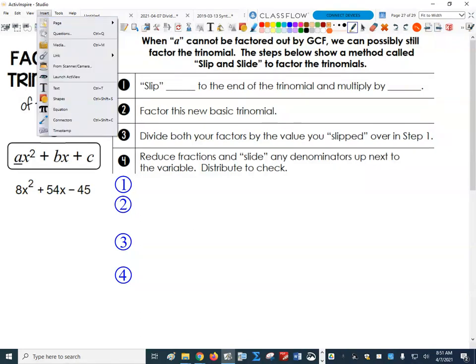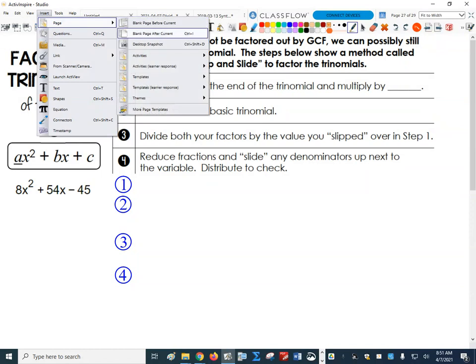Everybody get out some scratch paper and just try this once. Let's see, what's a good one here?